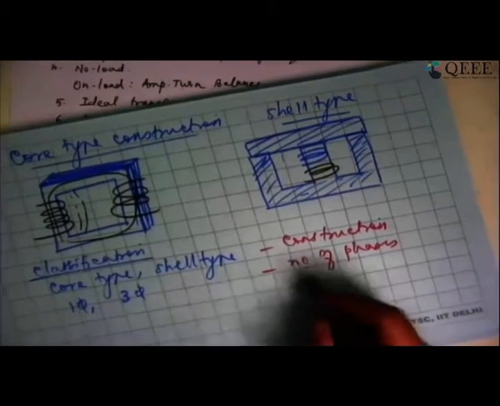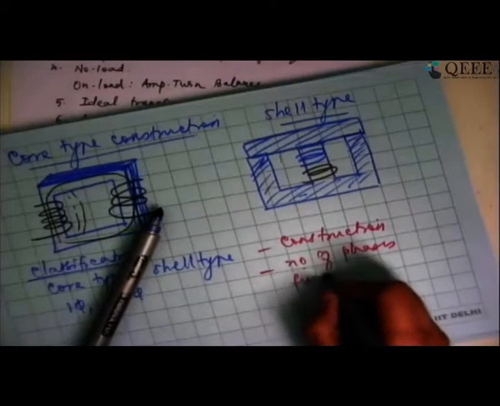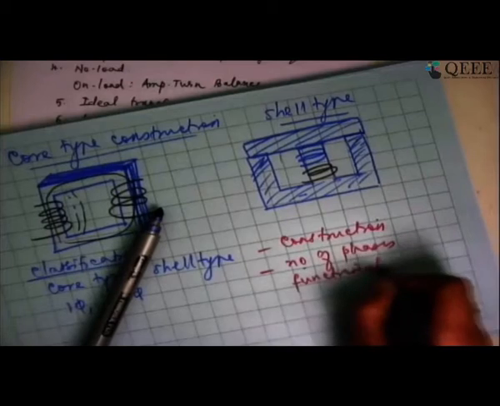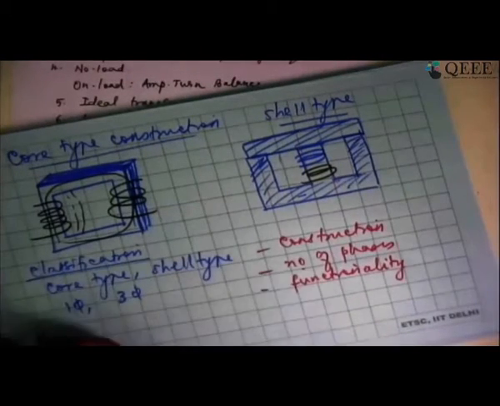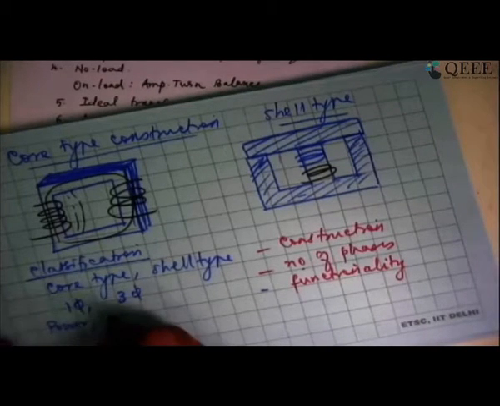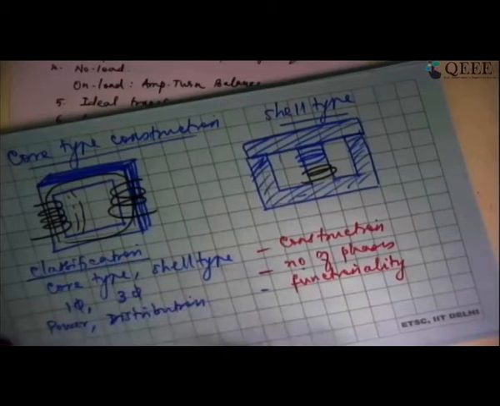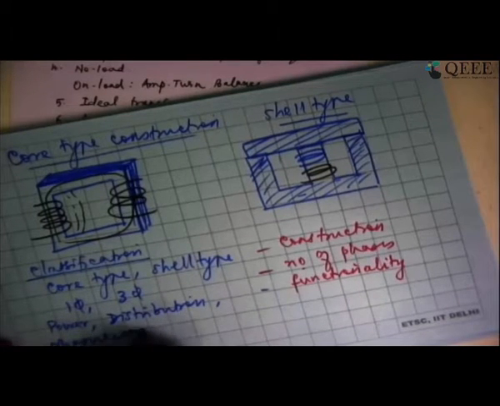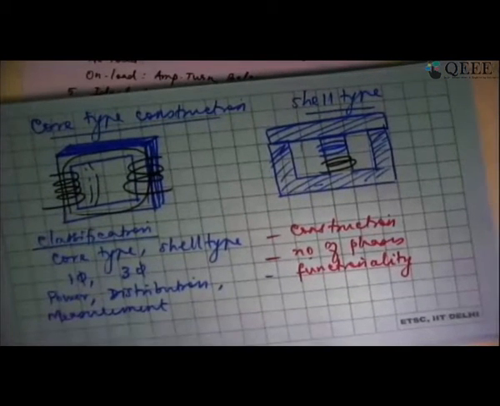Then I can also classify based on functionality, that is, the kind of application for which I am using it. It can be a power transformer, which is used in power stations. It can be a distribution transformer, which is used in distribution centers. It can be an instrument transformer or measurement transformer, which is for measuring current or voltage in substations and so on.